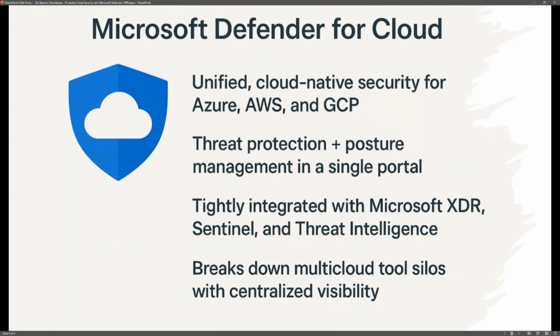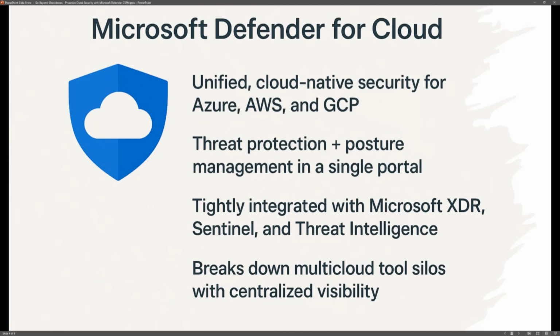So now that we know why a proactive posture is critical, let's talk about Defender for Cloud, which is basically the platform choice to make this practical. Think of Defender for Cloud as your cloud native command center.